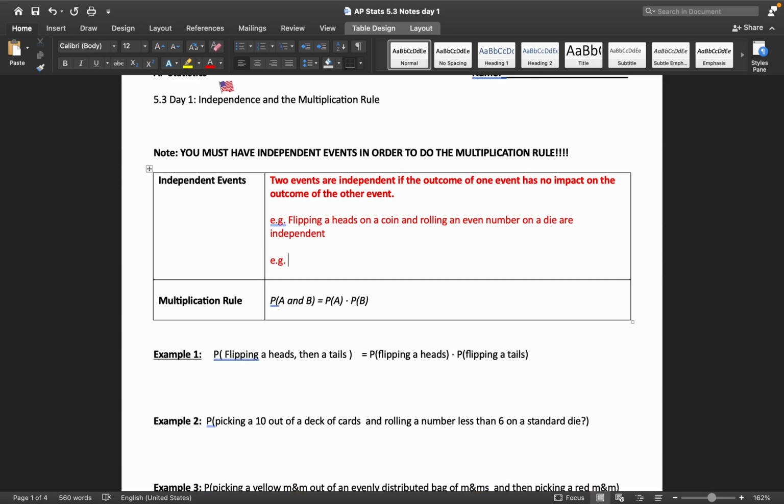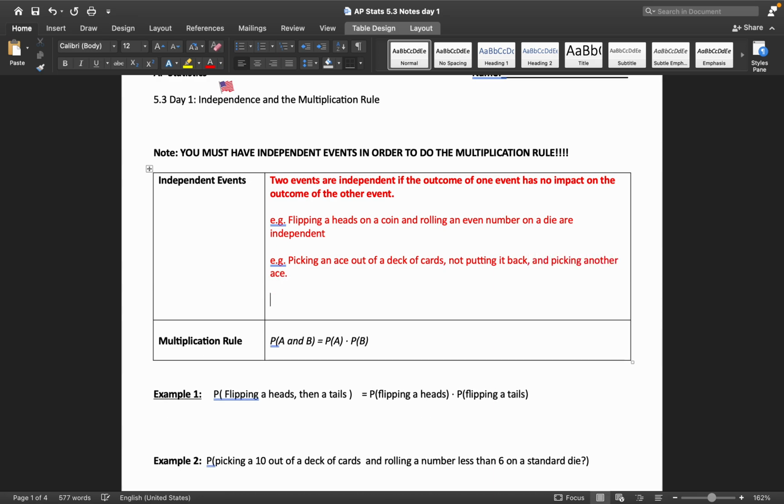For dependent events, I could have something like picking an ace out of a deck of cards, not putting it back, and picking another ace. So my chances of getting an ace the first time would be 4 out of 52.